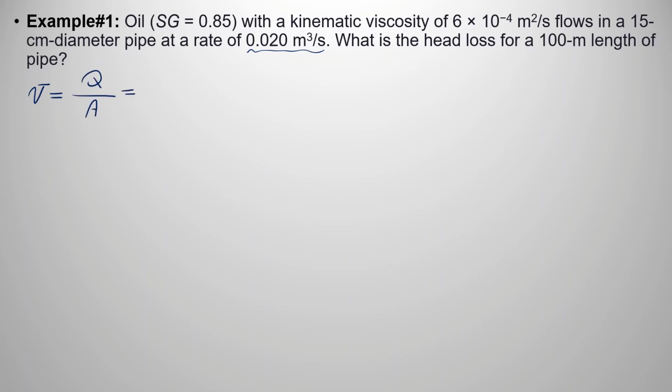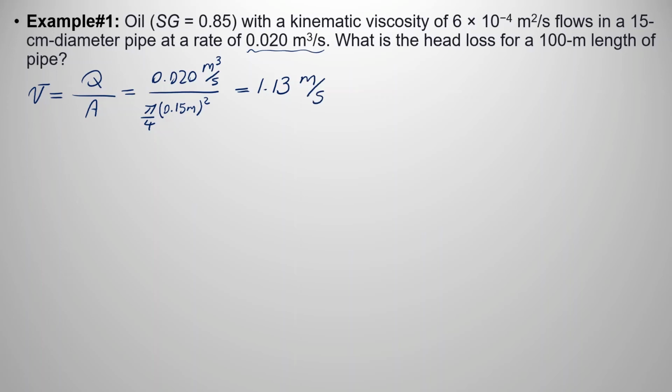So I am going to calculate that 0.020 cubic meters per second divided by the area, which is simply pi times the diameter, which is 0.15 meters to the power 2, divided by 4. Pi should be divided by 4. There we go. And when you calculate this, your velocity would be equal to 1.13 meters per second. All right, this is the average velocity.